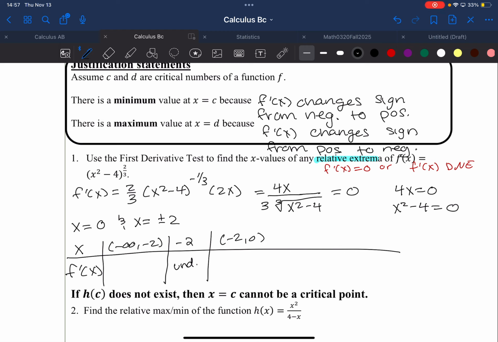Negative 2 to 0, which leaves me at my critical point 0, and I got that 0 because the derivative was 0 or does not exist? 0. Okay, so I write 0. What's my next interval? 0 to 2. Which leaves me at my critical point 2, and I got that when the function was undefined. And then what's my last interval? 2 to infinity.